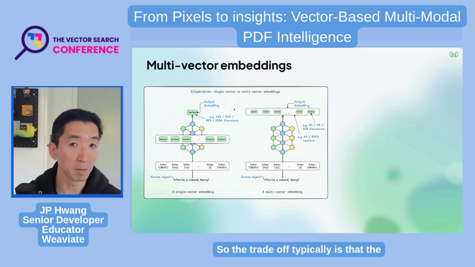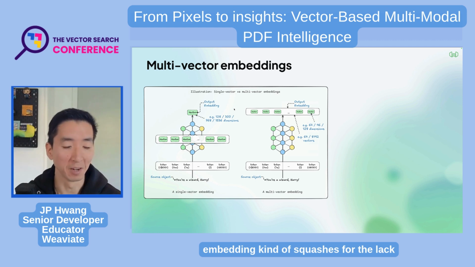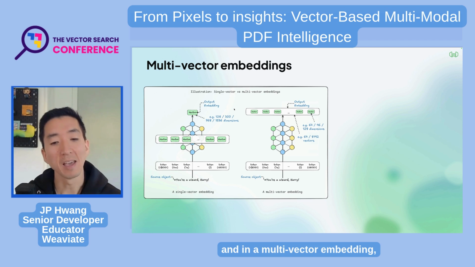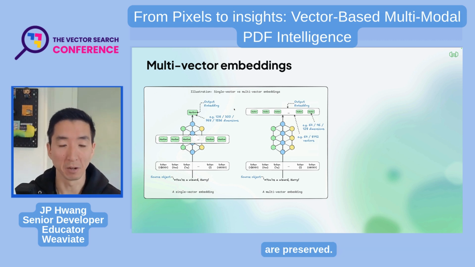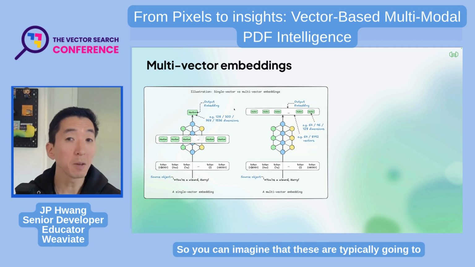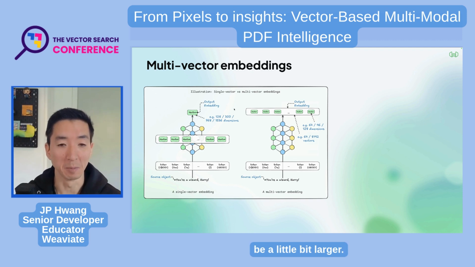So the trade-off typically is that the output embedding of a single vector embedding kind of squashes, for the lack of a better word, all the meaning together by pooling methods. And in a multi-vector embedding, the meaning of those words or tokens are preserved. So you can imagine that these are typically going to be a little bit larger.